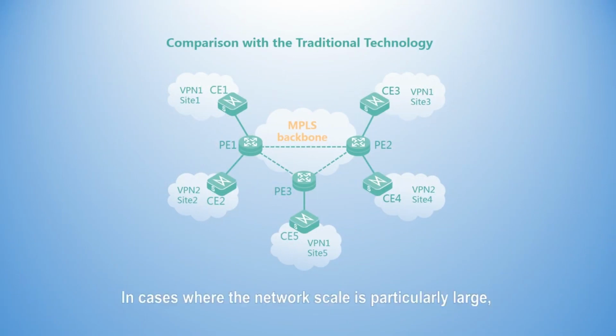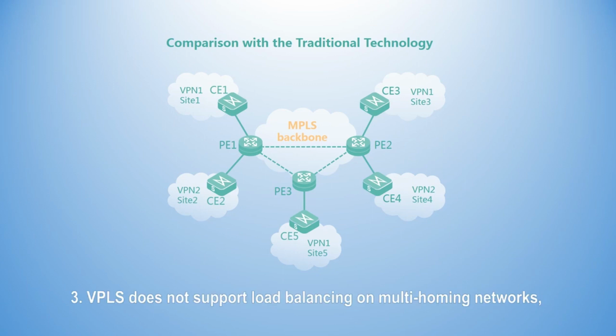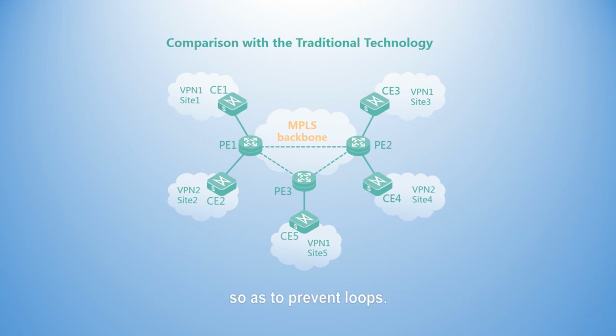In cases where the network scale is particularly large, configuration and capacity expansion are complex. Second, MAC addresses are learned by MAC address flooding, which results in a large number of broadcast packets, wasting bandwidth resources. Third, VPLS does not support load balancing on multi-homing networks, so as to prevent loops.